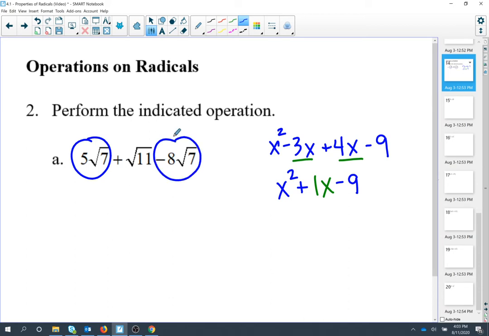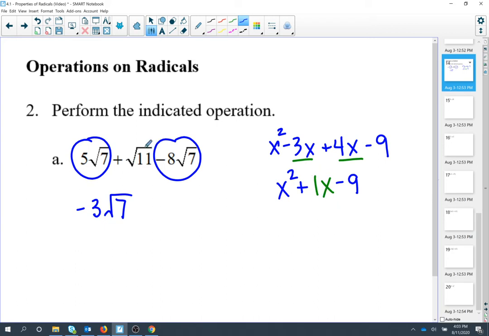The other way I tend to say this is 5 of these things minus 8 of these things would give me negative 3 of those things. So when you're adding and subtracting with radicals, the radical does not change. It's just the coefficient in the front. Just like if you're adding and subtracting with your x's, negative 3x plus 4x is 1x. The x doesn't change. It's just the coefficient in the front.